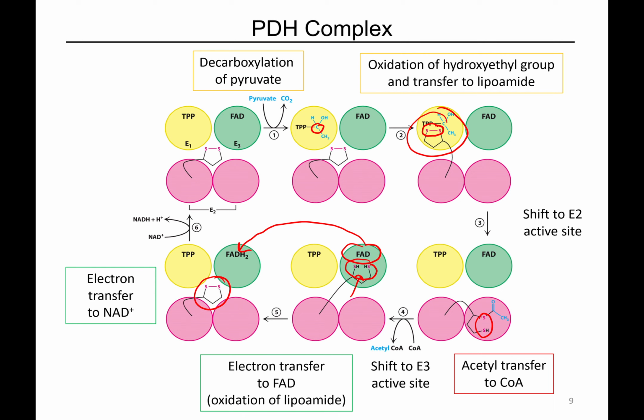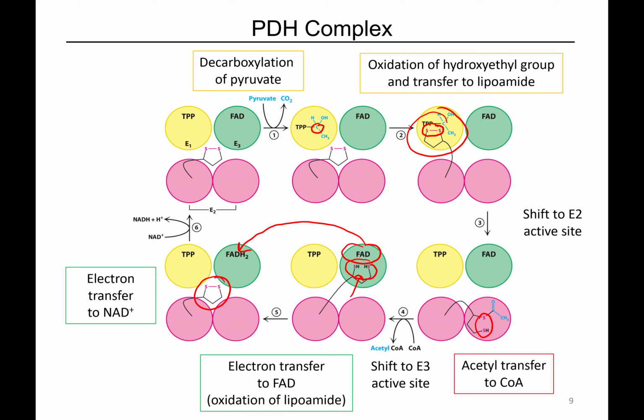So the electrons that ultimately left the carbon from CO2 are now on this FADH2 cofactor that's not covalently, but very strongly anchored into this E3 active site. And the last step is they get transferred onto NADH. Okay, so electrons are passed through flavin to be given to NADH.